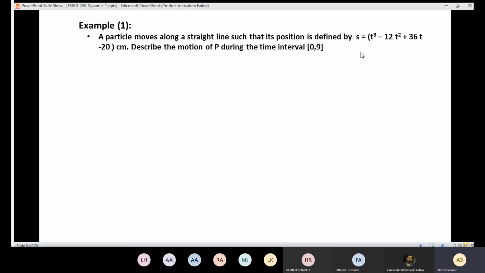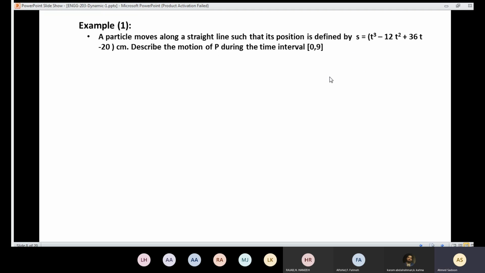In order to get the velocity, we need to use the equations that we have discussed today. Here is the equation to describe the position. We learned the velocity is ds over dt, so I'm going to use calculus to get the formula for the velocity from the formula of the position.